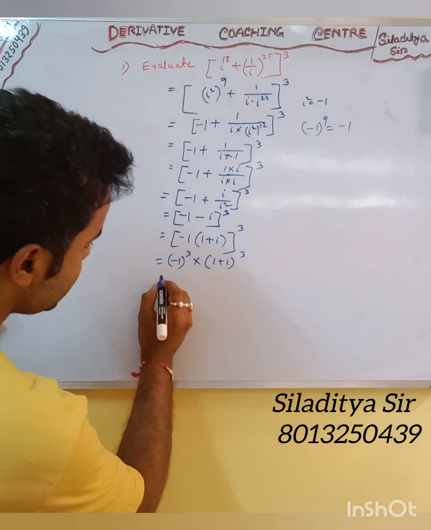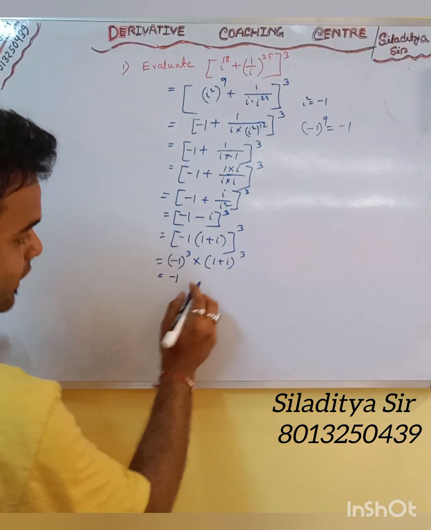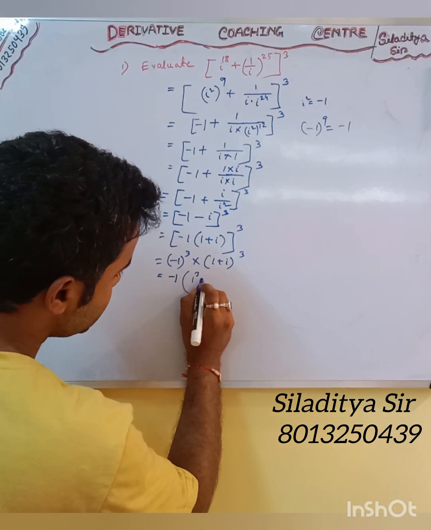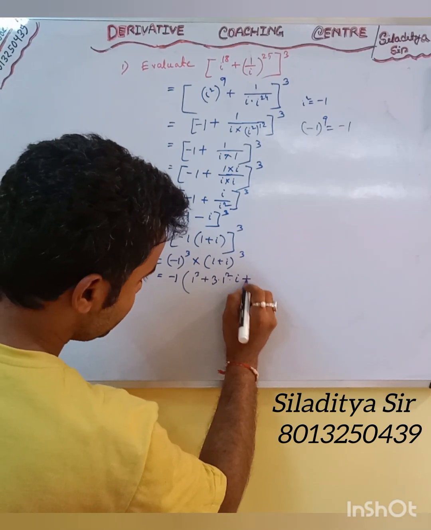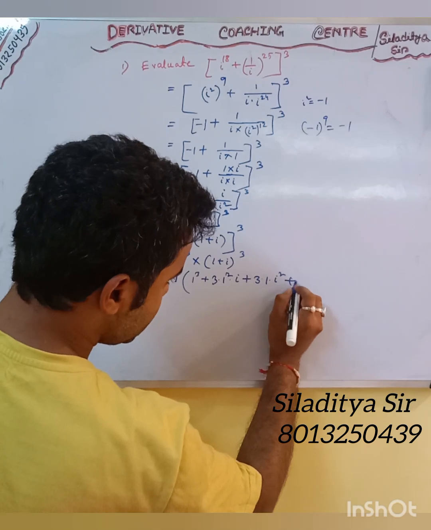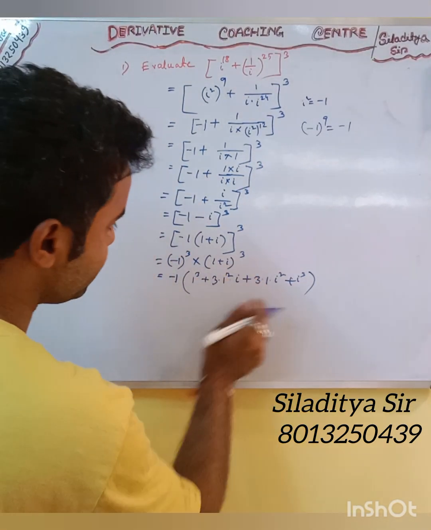So minus 1 whole to the power 3 means minus 1 into (a plus b) whole cube form, so we can write a cube plus 3 a square b plus 3 a b square plus b cube. That is the formula of (a plus b) whole cube.